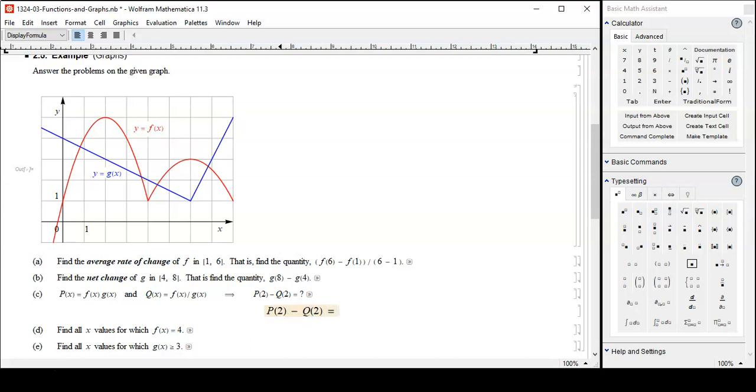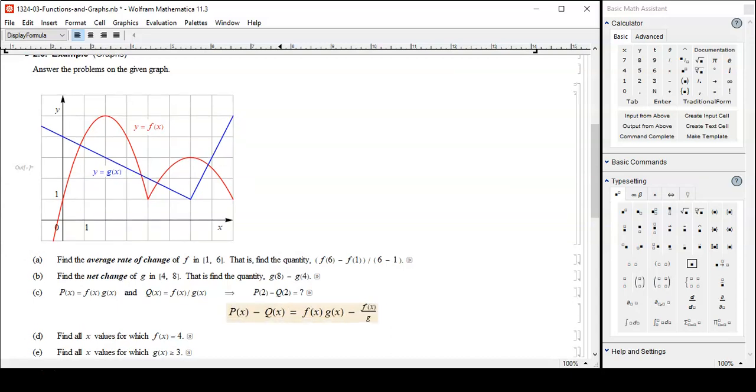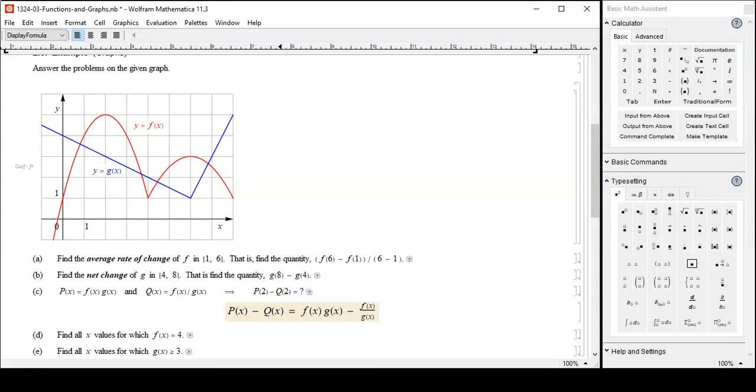By definition, p is the product of two functions. So let's do it this way: f of x times g of x, that's my P. And Q is the quotient.